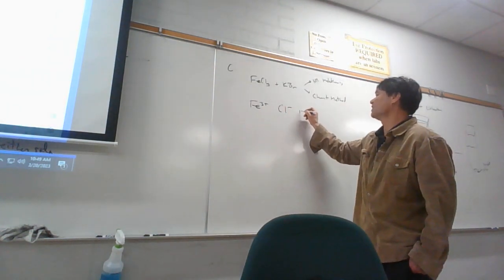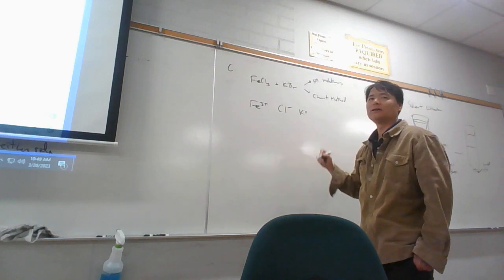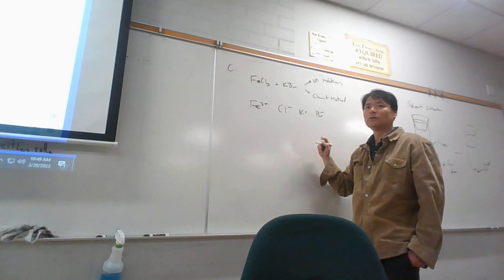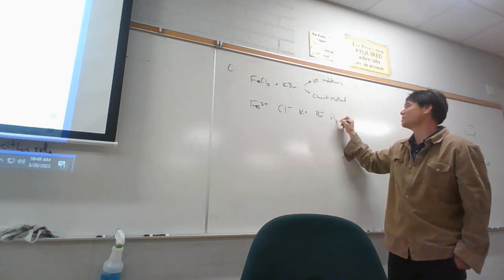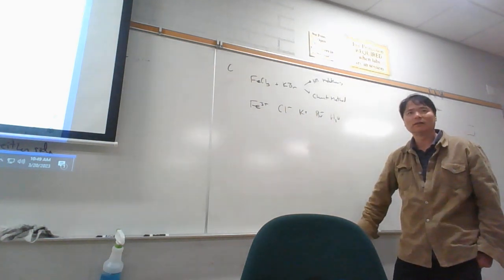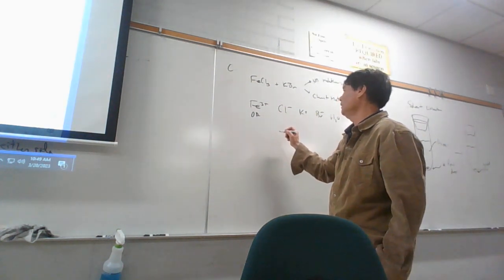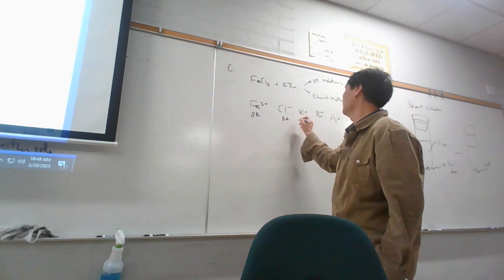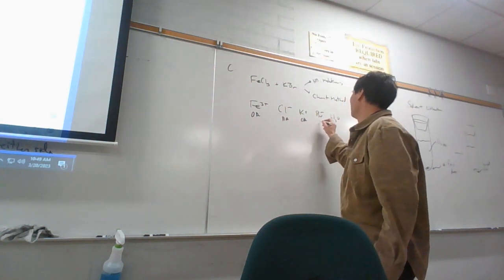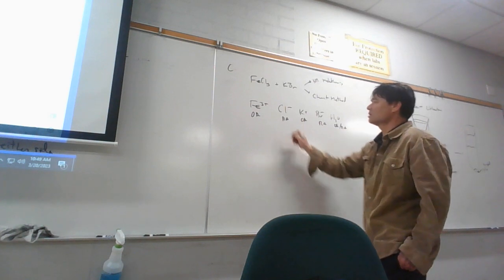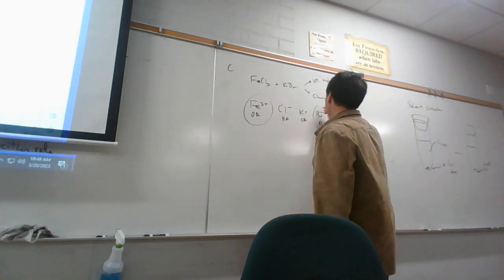Then we have potassium, which is a really bad oxidizer. And then we have bromide, which is a pretty good reducer. And then we have water, which isn't so great as an oxidizer or reducer. So this is an OA, iron 3. Chloride is an RA. Potassium is an OA. Bromide is an RA. Water is an OA and an RA. So the strongest OA is going to be iron 3. The strongest RA is going to be bromide.